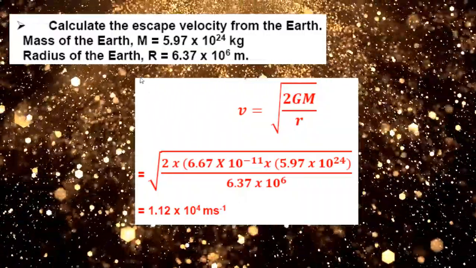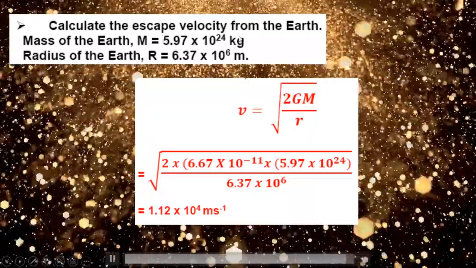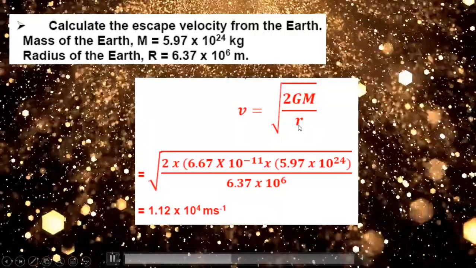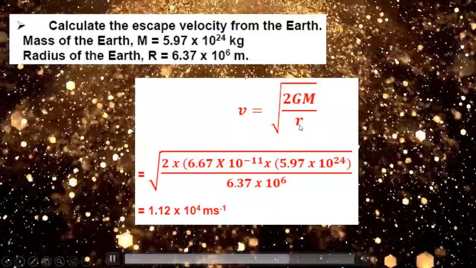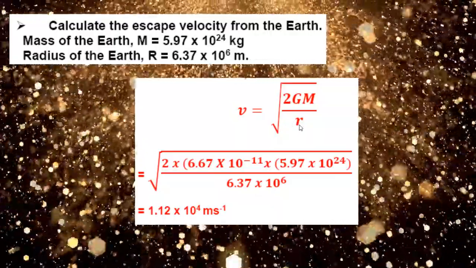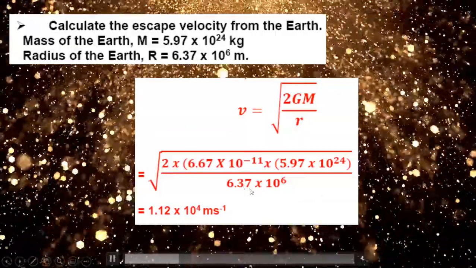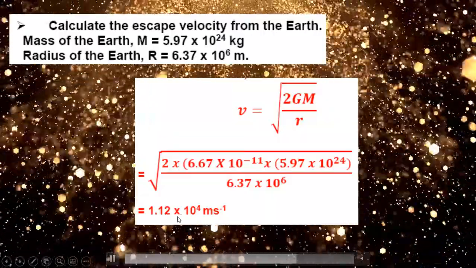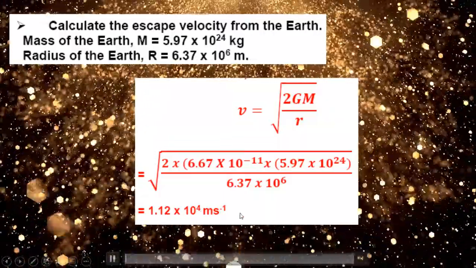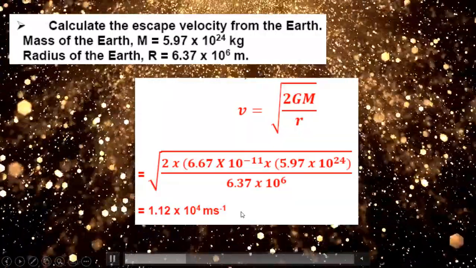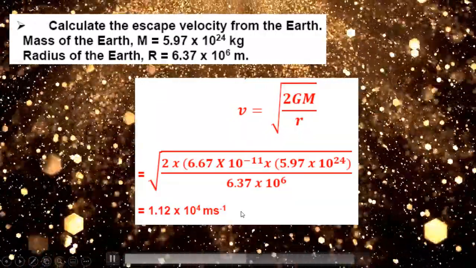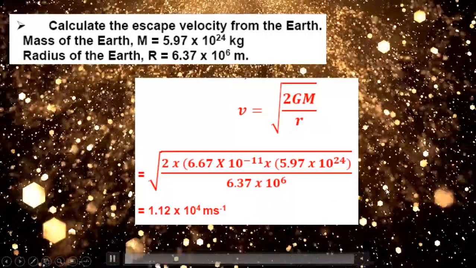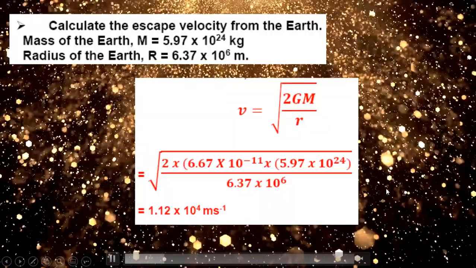We want to find the escape velocity from the Earth, which means the object is at the surface of the Earth, so r is equal to the radius of the Earth. That's why we use this data, and we calculate and get v equals 1.12 times 10 to the power of 4 meter per second. It's about 11,120 meter per second. Okay, it's quite a big value.